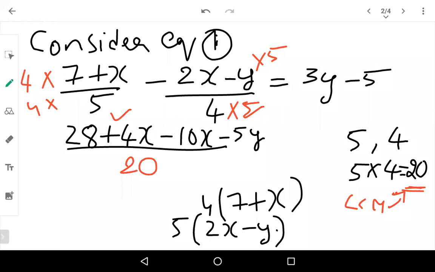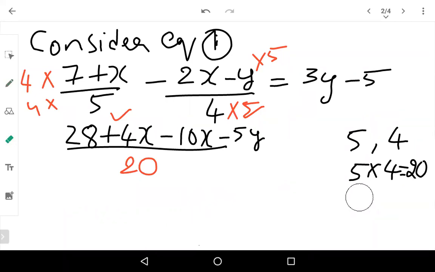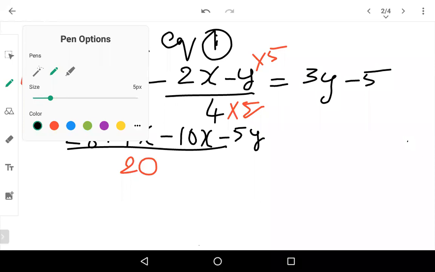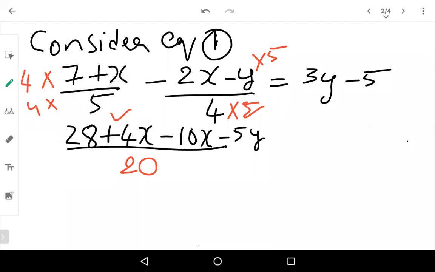Wait. There's some sign which we have missed out here. Minus is in between, so minus 5 it is. Listen here. Since minus is in between, it is going to become minus 5 into (2x minus y).